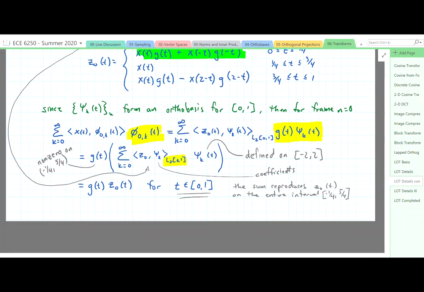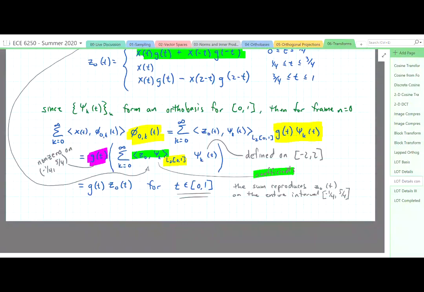We have our coefficients there. Our psi is actually defined on -2 to 2 instead of our usual 0 to 1. So the coefficients, which are projection onto 0, 1, don't quite match yet, but we'll worry about that in just a minute. And we have our g out front, which is non-zero only on -1/4 to 5/4.